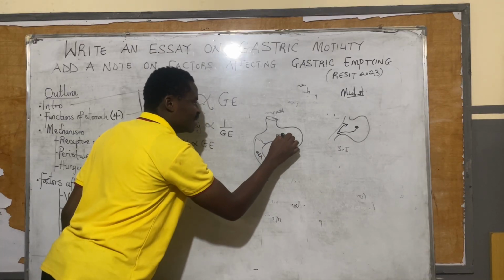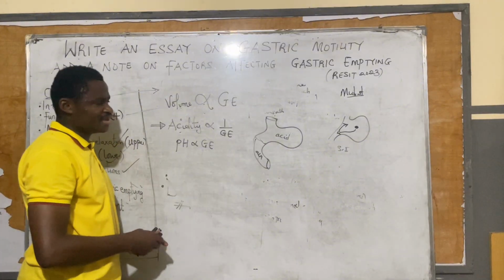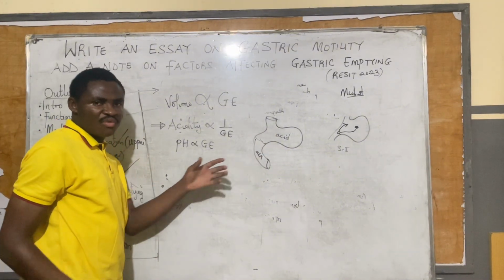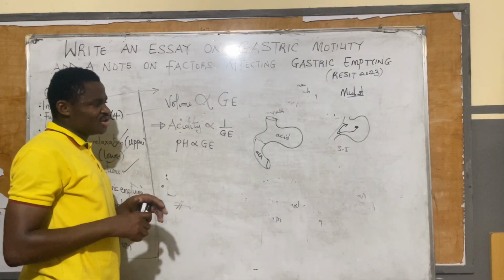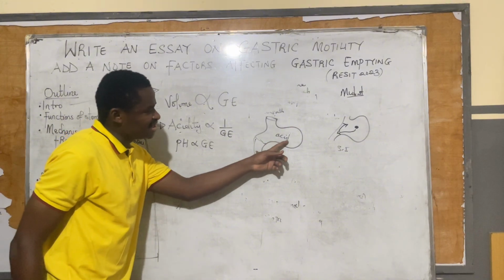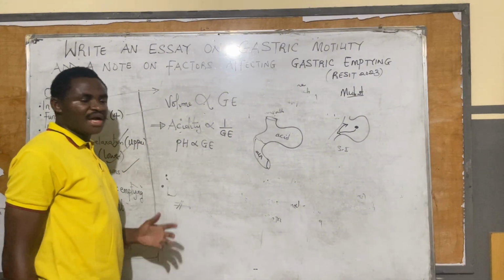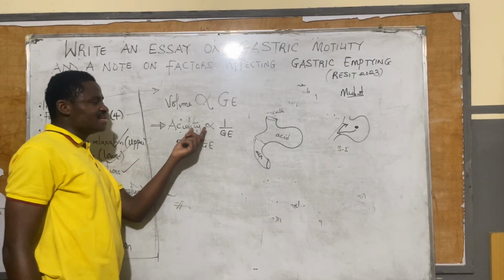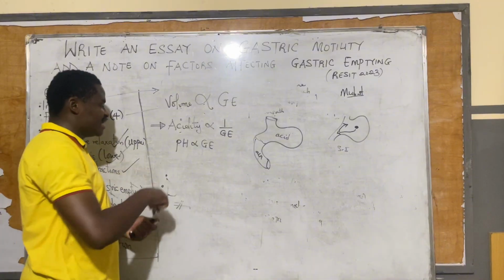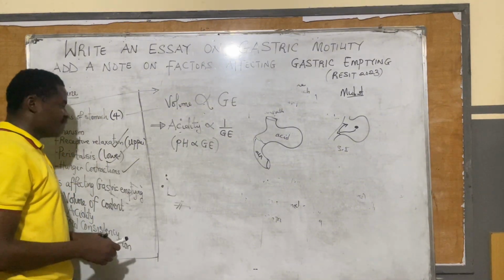Here is acidic. Now, if there is so much acid content here in the stomach, we will not want to release it into here because remember, we want to do a neutralization reaction in a very progressive manner. So whenever there is an increase in acidity of stomach contents, the way we empty it will fall and vice versa. So acidity is inversely proportional to gastric emptying, or you can easily put it this way, that pH is directly proportional to gastric emptying.